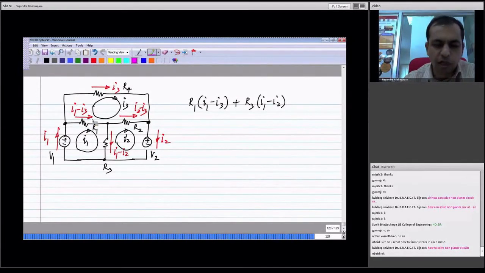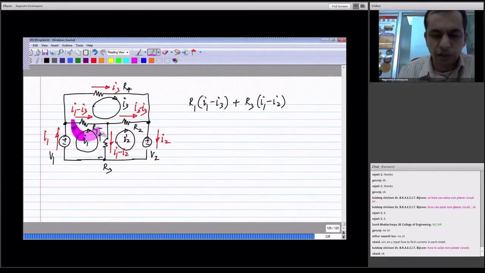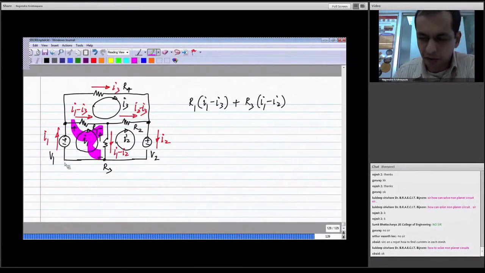And if you look at the direction of this, I1 minus I3 times R1 is the voltage drop in this direction. I1 minus I2 times R3 is the voltage drop in that direction. So the sum of this plus this equals V1, because V1 is also in the same direction.